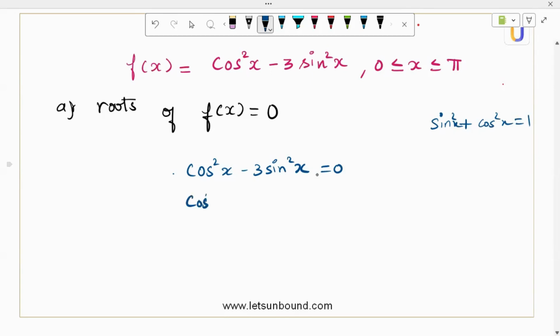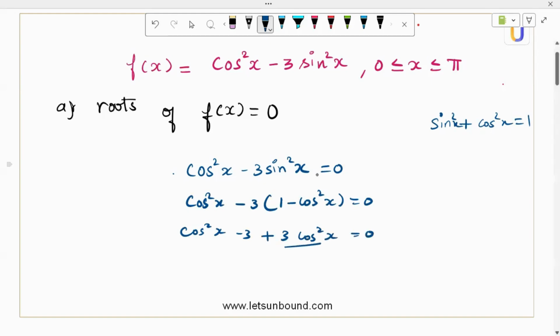So cos squared x minus 3 times (1 minus cos squared x) is equal to 0. So cos squared x minus 3 plus 3 cos squared x equals 0, and 3 cos squared x and this cos squared x will become 4 cos squared x minus 3 equals 0.